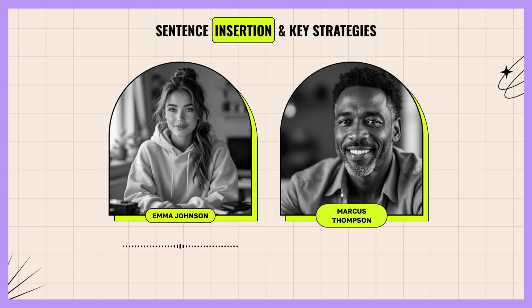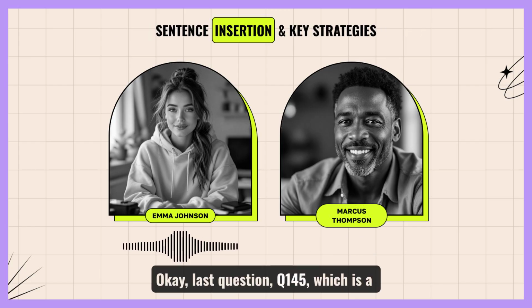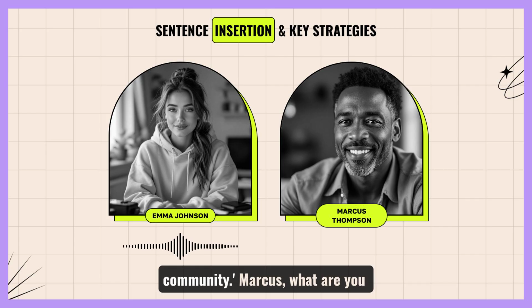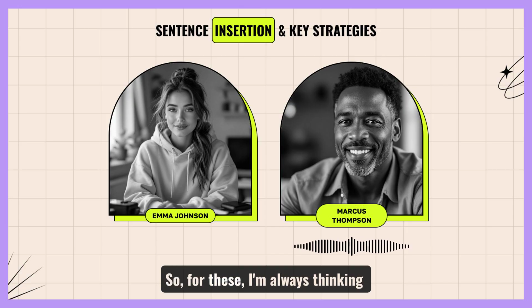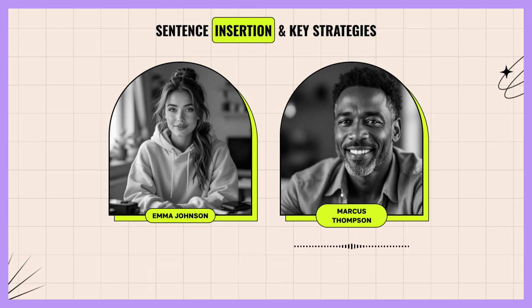Yeah, I got you. Okay, last question, Q145, which is a sentence insertion one. We've got this sentence to insert. This development made recorded knowledge easier to preserve and share beyond a single community. Marcus, what are you looking for here? So, for these, I'm always thinking logical flow, not grammar.